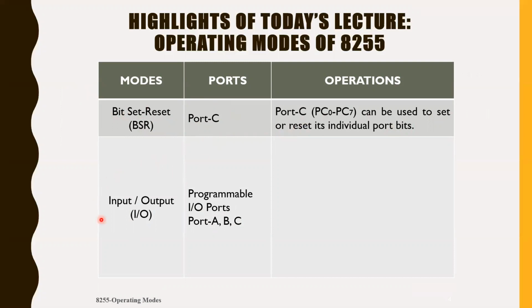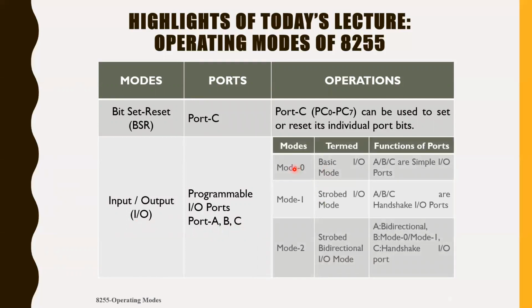We have another mode, that is the input output mode. In this mode, we can configure all the three ports supported by 8255, that is A, B and C. This input output mode has further three sub modes. Mode 0, which is called the basic input output mode, in which all the ports A, B and C behave as simple input output ports, whereas mode 1 is called the strobed input output mode, in which ports A, B, C are handshake IO ports.